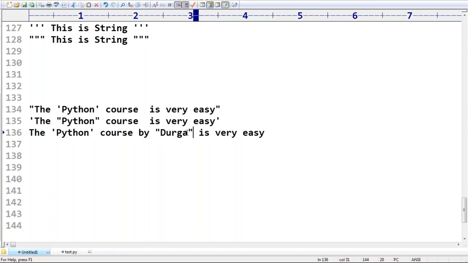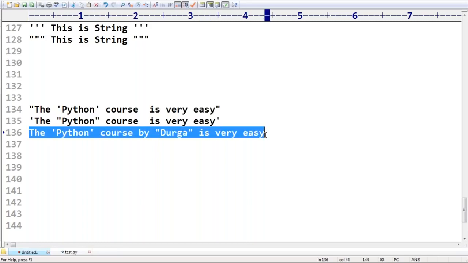So my string literal contains single quote and double quote symbols. Then how can you handle this? I want in the output single quotes, double quotes also. Are you able to understand? Sir, can I enclose within single quotes?